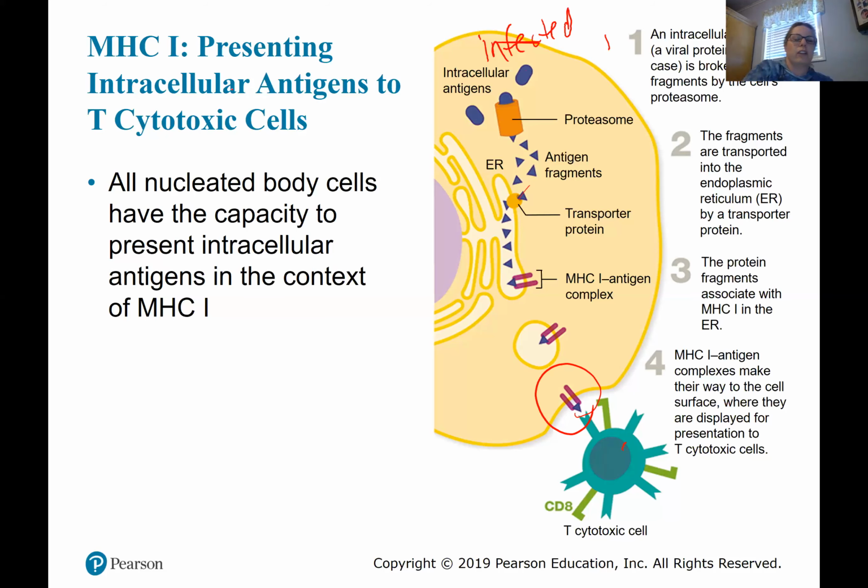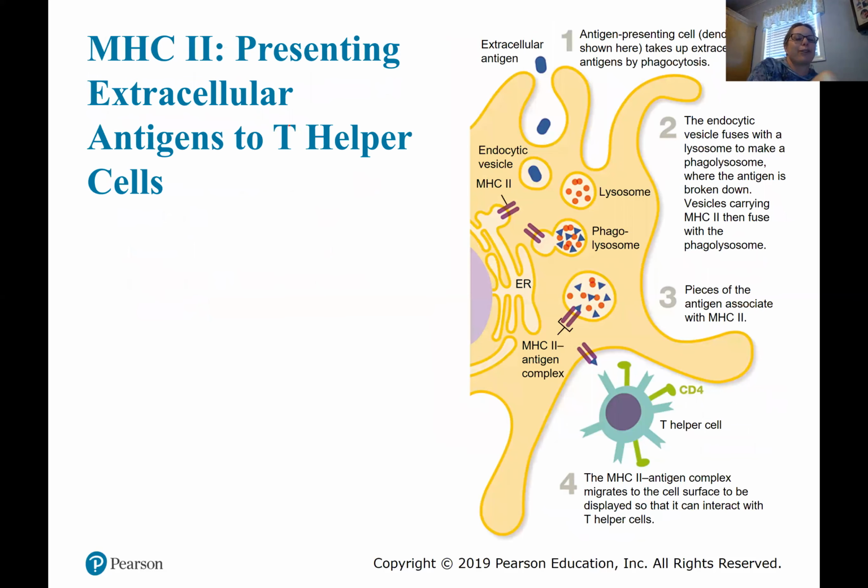Okay, so this is for intracellular pathogens. Extracellular pathogens is where we have that dendritic cell, that phagocyte that's going to present the antigen here on its outside. But this process, the antigen presenting process, is basically just like waving a red flag saying, hey, I've identified this threat, come over here and help me take it out.